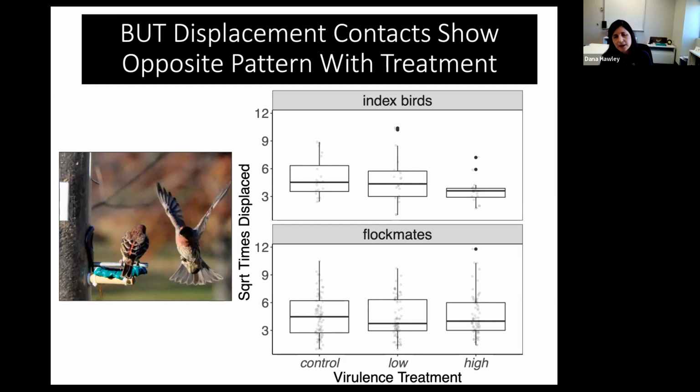When we look at the number of times these birds are displaced during peak infection, we see the opposite pattern: birds infected with the high virulent strain are followed by a healthy bird significantly less often than control birds, which do not really seem to differ from the low virulence treatment. And again, no pattern for the flock mates, which is what we would expect given that we didn't give them any treatment.